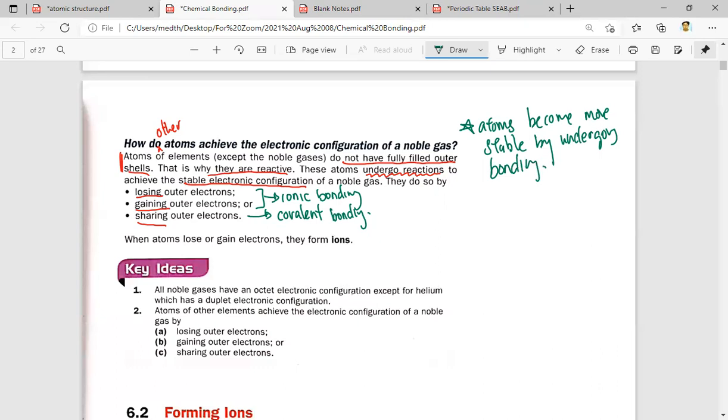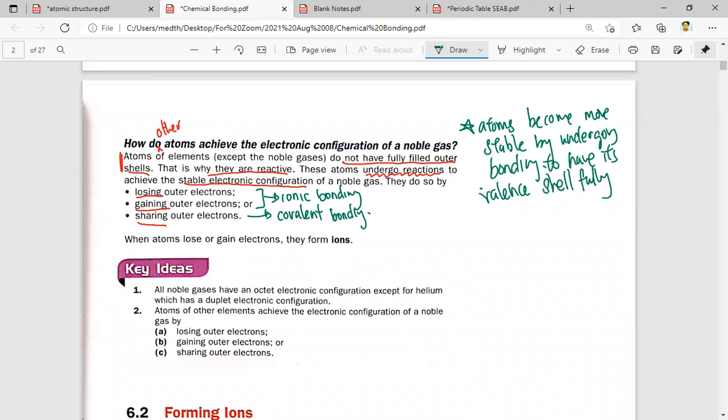By undergoing bonding, atoms achieve a fully filled valence shell.